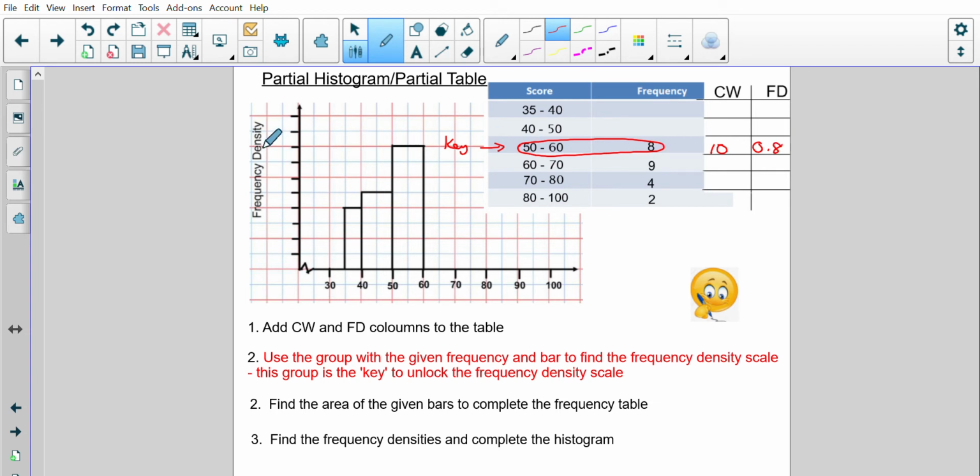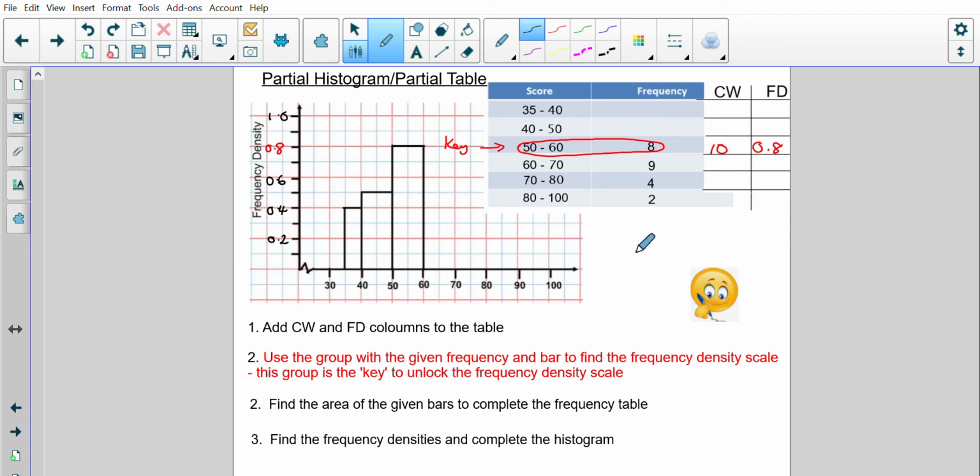That enables me to label 0.8 there on my frequency density scale. And I can then, from there, fill in the rest of my frequency density scale. So I must have 0.2 here, 0.4, 0.6, 0.8, and then 1.